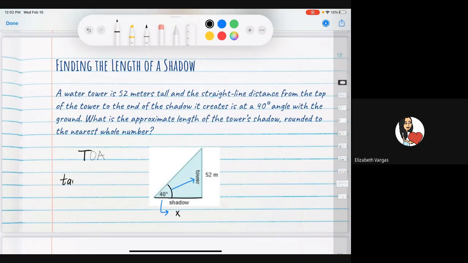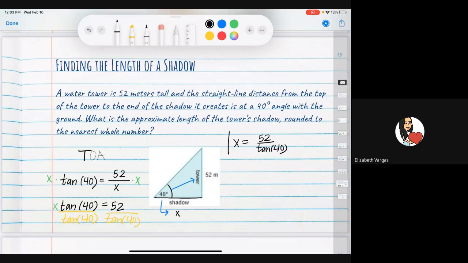So tan, what is my acute angle input? 40. What is my opposite? 52. What is my adjacent? X, what I'm looking for. And then I need to go about isolating X. I need to further isolate my X, which leaves me with X is equal to 52 over tan 40.